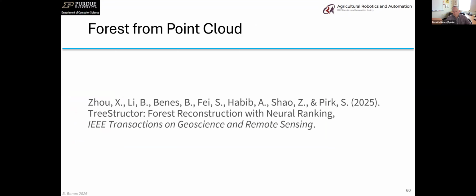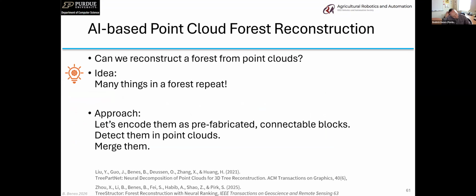The second paper that I wanted to talk about was published last year, when we were looking at the point clouds of forests. One important observation is that in forests, many things repeat significantly. There is an interesting claim that trees are actually very low information but high complexity, because you have tons of cylinders that can be somehow deformed and are branching, but the branching angle usually is fixed, plus minus some variation.